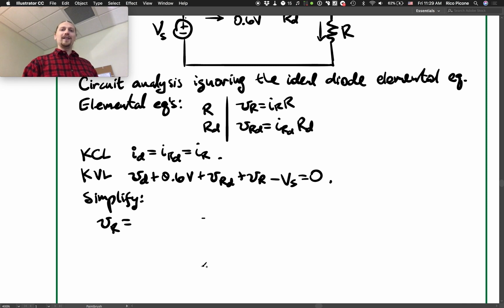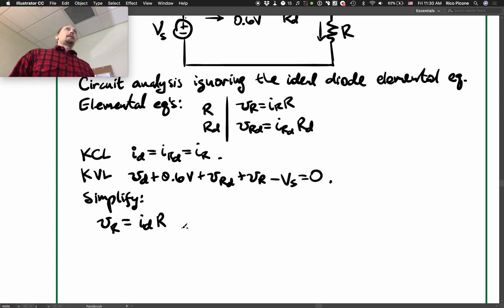Because VR is equal to IR times R from this elemental equation, right? And we know all of the currents are the same. So IR is equal to ID. So in other words, VR is equal to ID times R. And that's it. That's one of the equations that we want to know. So this is our solution.